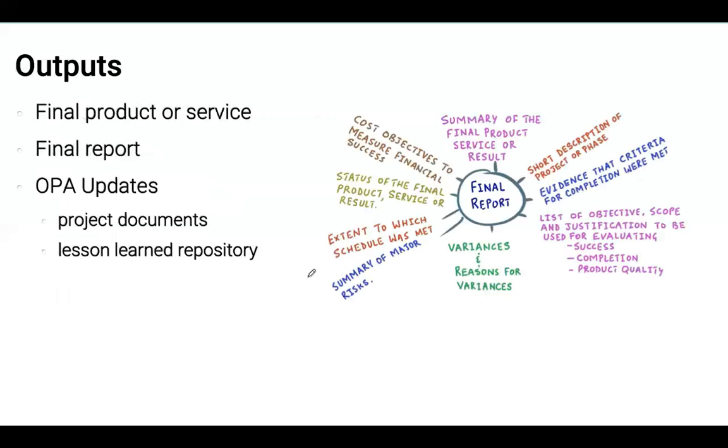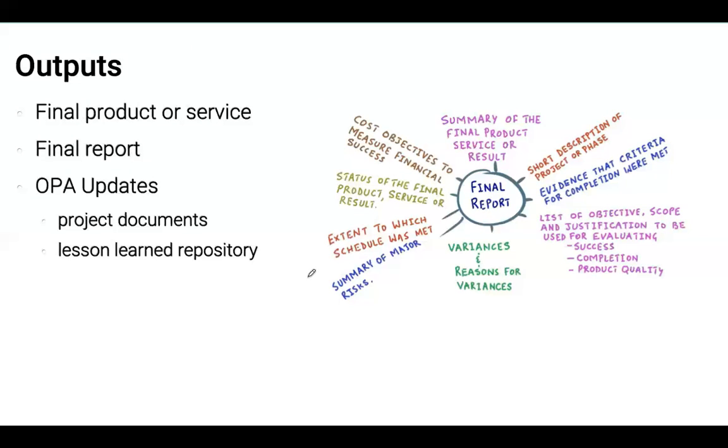Outputs: final project report, and updated organizational process assets, so project documents and lessons learned. So the final report should contain a whole number of sections.